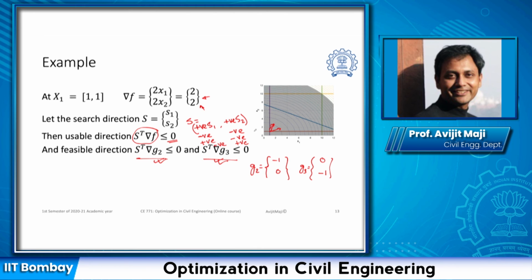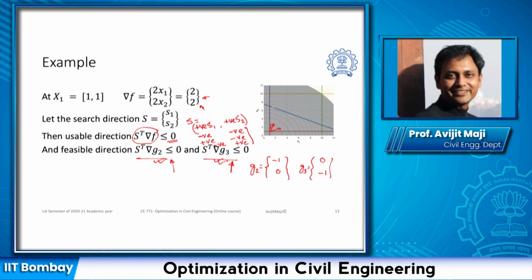In any of these cases, you will find that one or the other constraint, this component or this component, is not going to be satisfied, means it is going to violate the constraint.